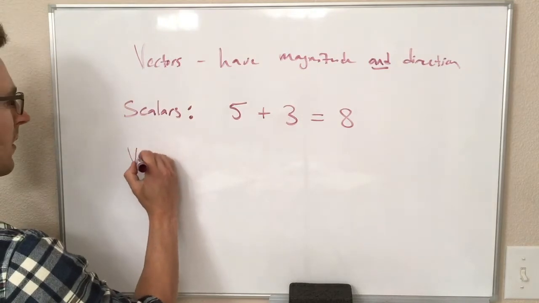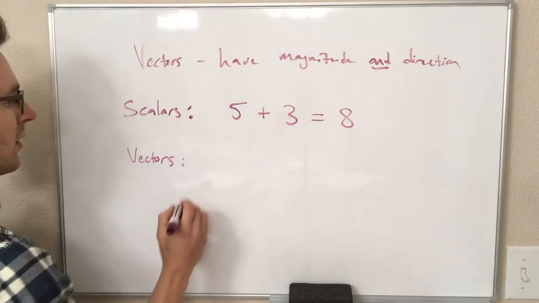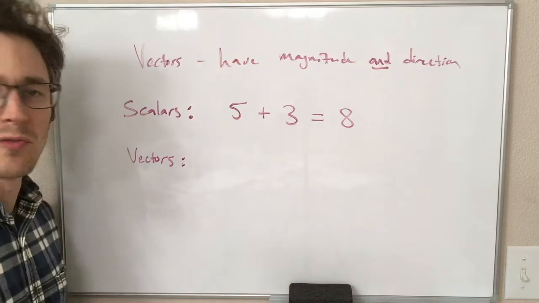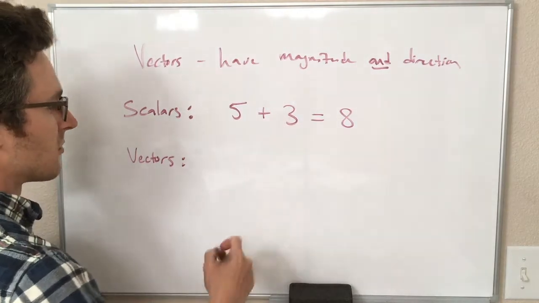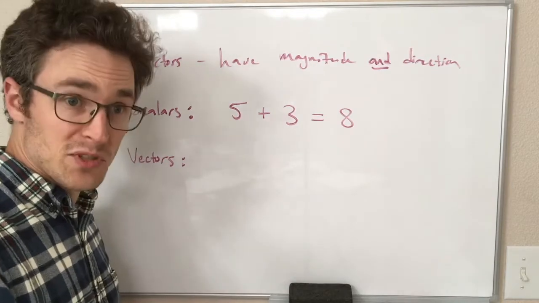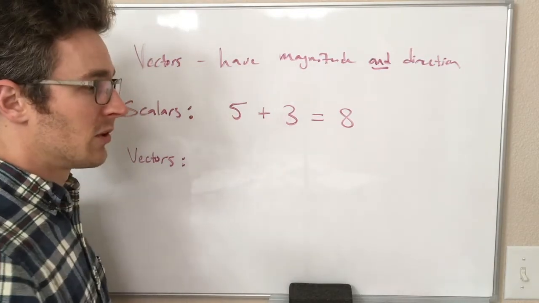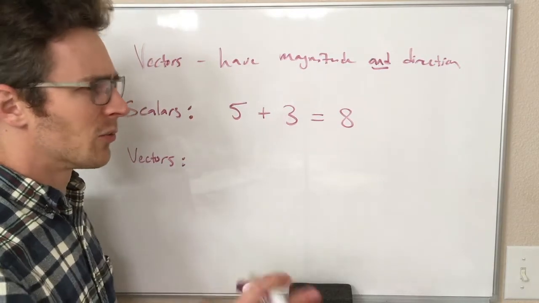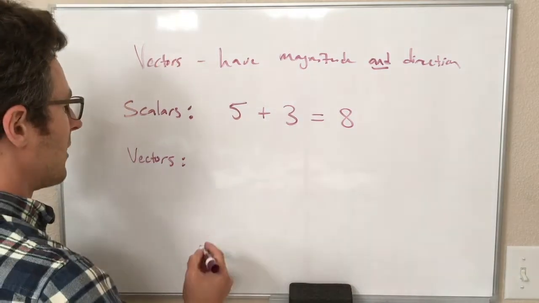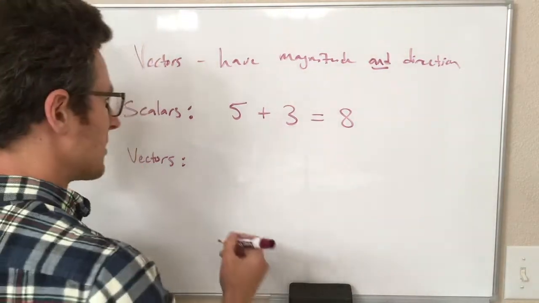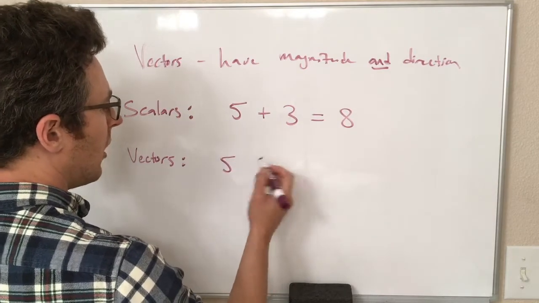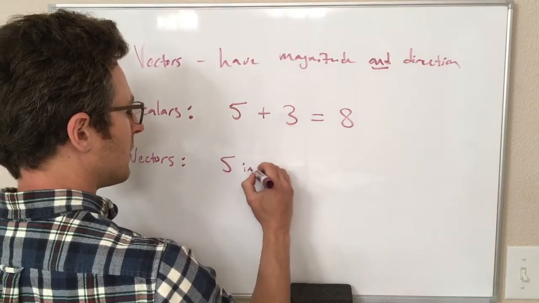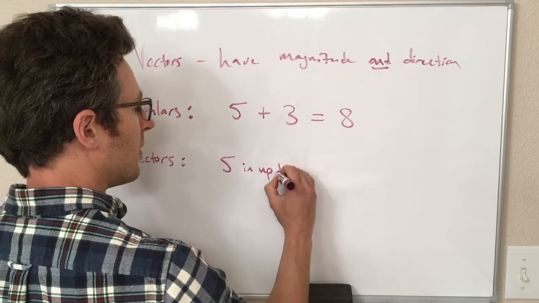In math using vectors, we don't just have numbers here, we have numbers and directions. And we can add them together. In other classes, you may learn about how to multiply or divide them. We're not gonna worry about that. We're just gonna worry about adding and subtracting them. So maybe we have a vector that's like 5 in the up direction.